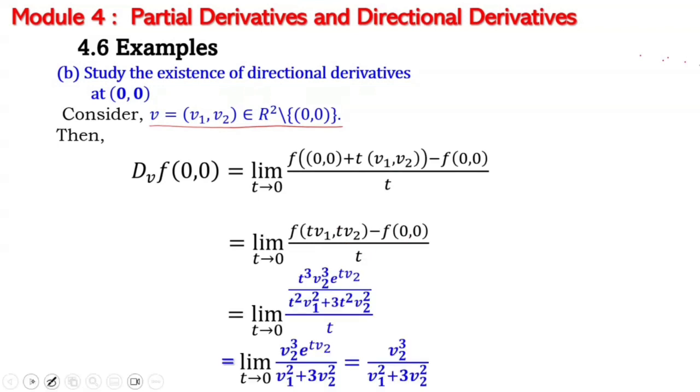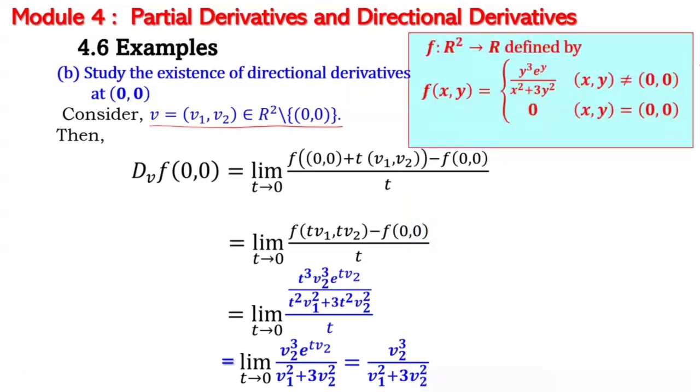So we recall the function f(x,y) equals y to the power 3 e to the power y over x squared plus 3y squared. From that we substitute here, and f(0,0) is 0, divided by t.